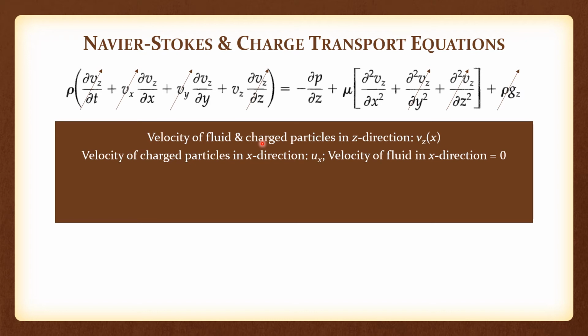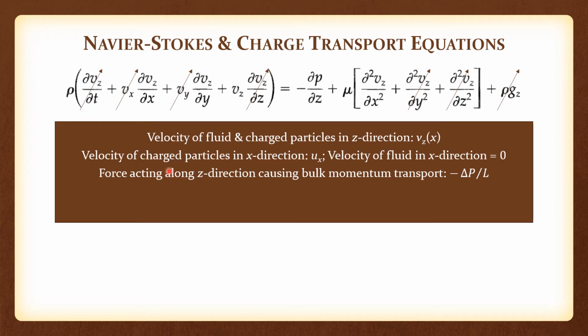But there is an electric field that attracts or repels the charged particle, so it pushes the charged particles to one of the two plates, and therefore there has to be a velocity of the charged particles in the x direction, and that is given by u with a subscript x. The velocity of the fluid in the x direction is 0.